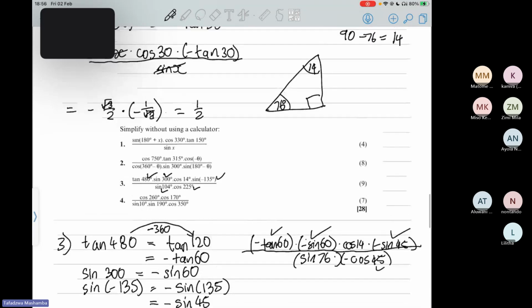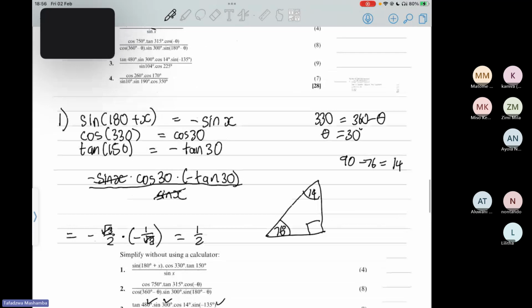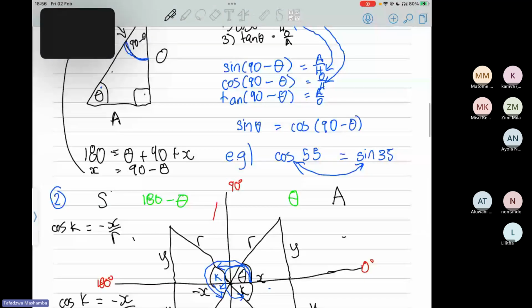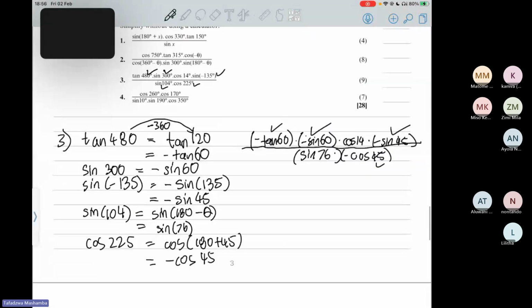That linkage said that if I have a sine theta, it must equal the cos of the opposite angle. So you choose this one, and I'm not going to rewrite the whole fraction.